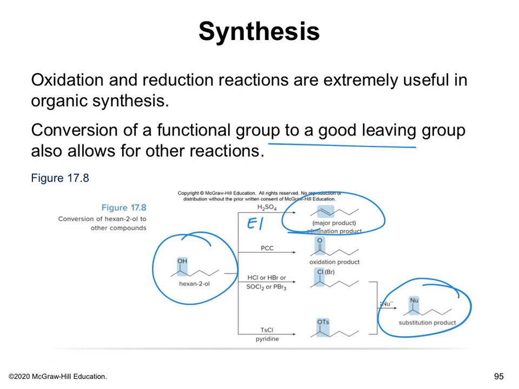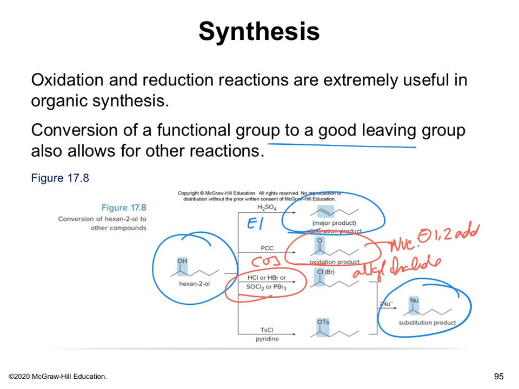You could oxidize the alcohol to a ketone, and now we can add nucleophiles by a 1,2 addition to the ketone. We can convert the OH into an alkyl halide and make it a great leaving group, or we can make it a tosylate.